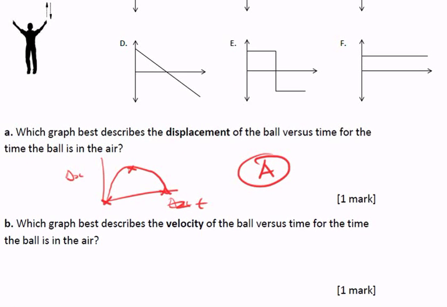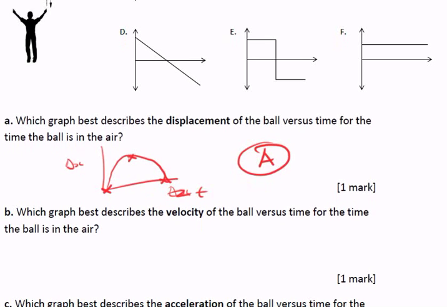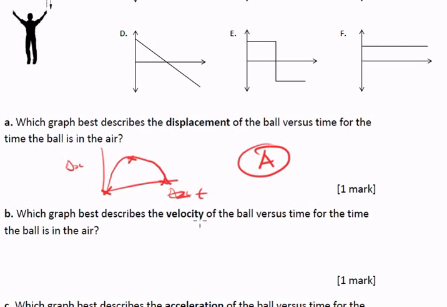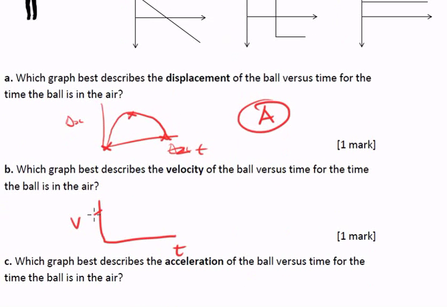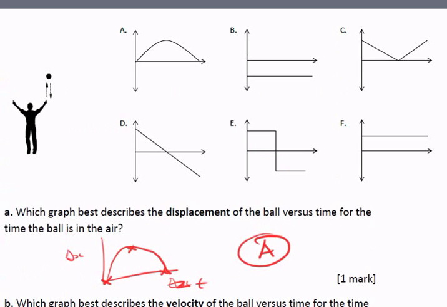Which shows the velocity of the ball versus time for the time the ball's in the air? So time and velocity. Well, when it leaves his hand, it's going really fast in the upwards direction. So it's got a big velocity as it leaves his hand. As it gets to the top, it momentarily stops, so the velocity goes down to 0.